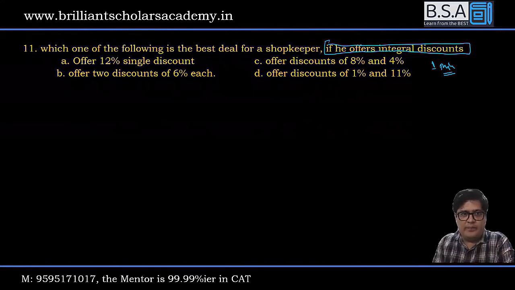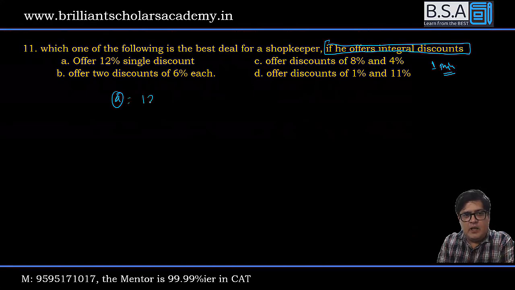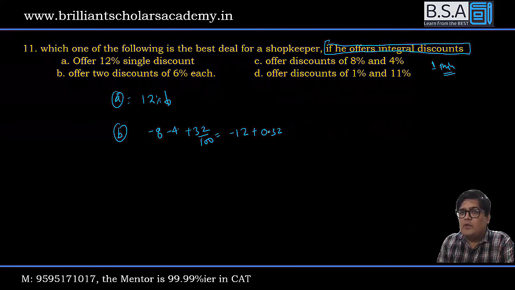Observe and learn. See, I'll start with answer option A. A says, see that 12% discount. What does B say? B says -8, -4 plus 32 upon 100. तो पेन को रोको. Can I say it is 12% discount plus 0.32? Leave it there. छोड़ दो उसको.